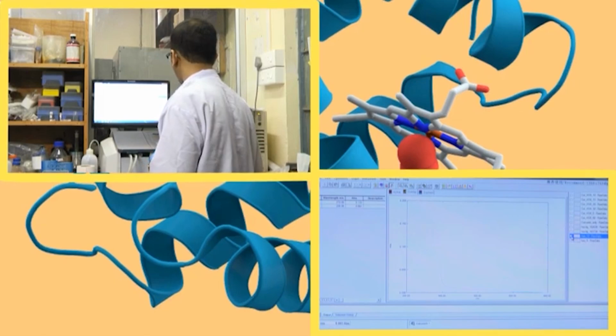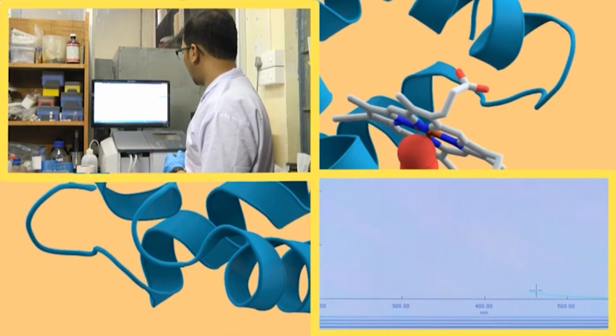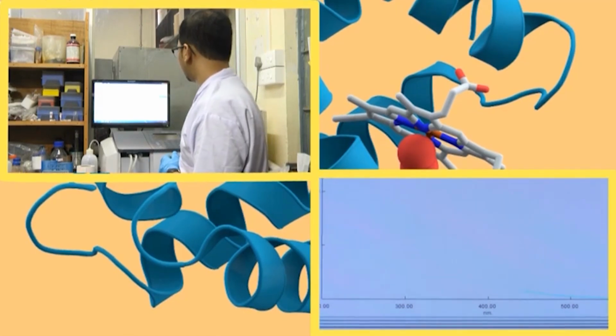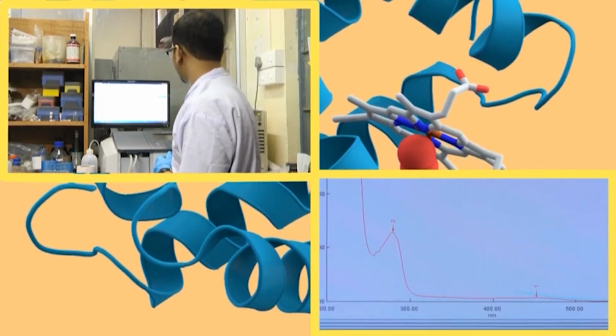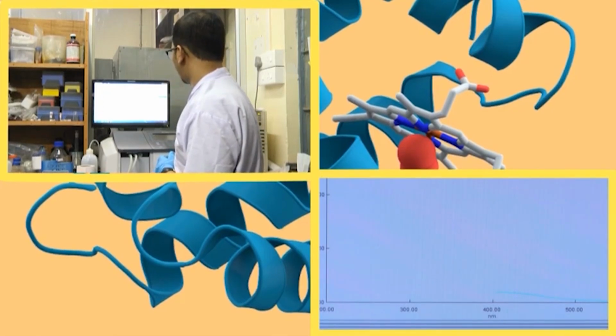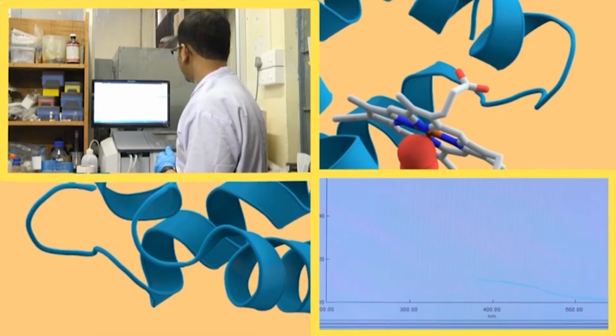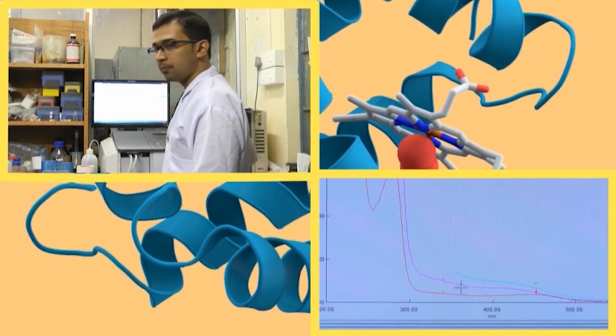So, here a blue line is not visible. Here there is a faint blue line, a sky blue line is coming, and again its absorbance is increasing. Here it is not visible right now. A small, faint sky blue line. Okay.